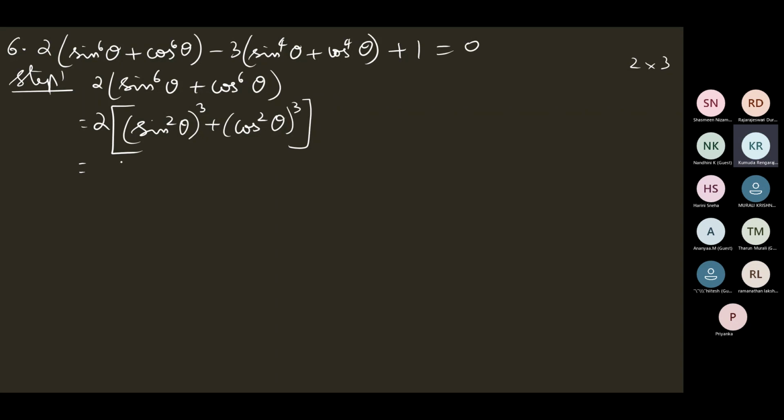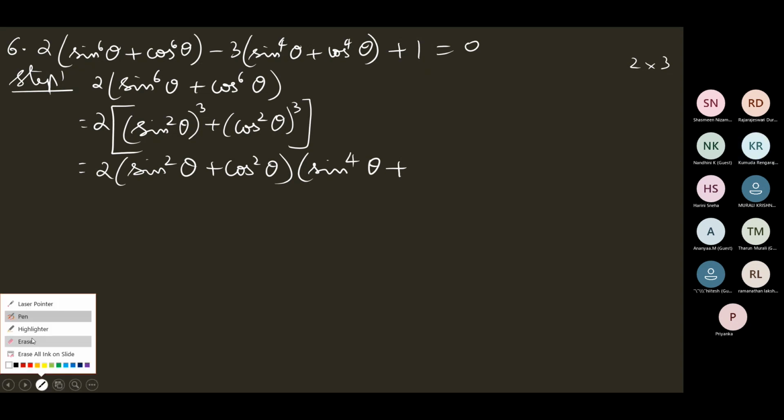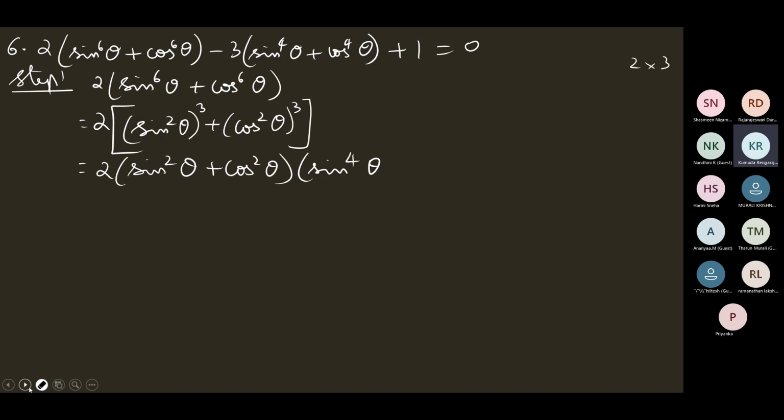Now this is of the form a cubed plus b cubed. A cubed plus b cubed is a plus b into a square minus ab plus b square. What is a square? Sine theta to the power 4. A square, not plus ab, minus ab: sine square theta cos square theta, plus b square, so plus cos theta to the power 4.